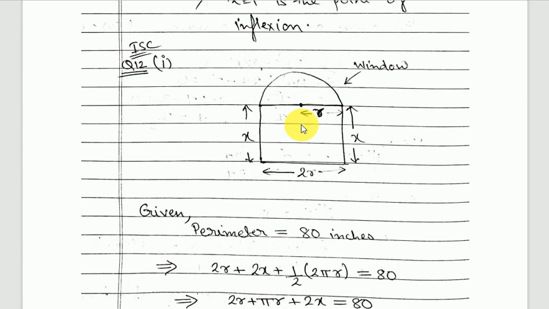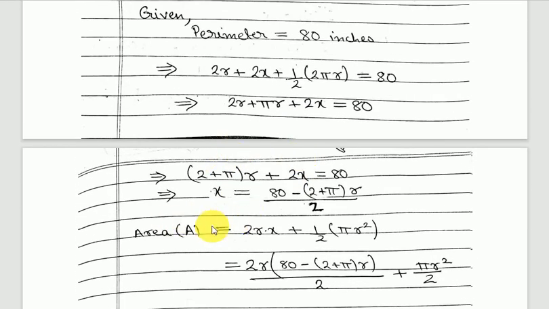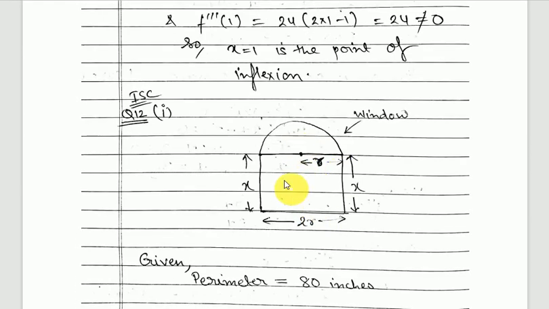Till now, we have found the value of x. Now the area of this window will be the area of this rectangle plus the area of this semicircle.